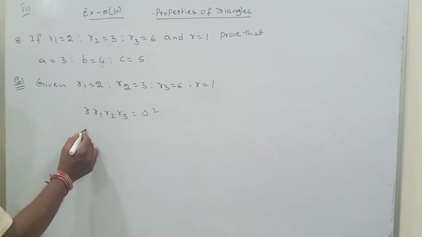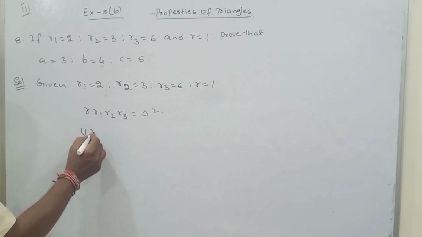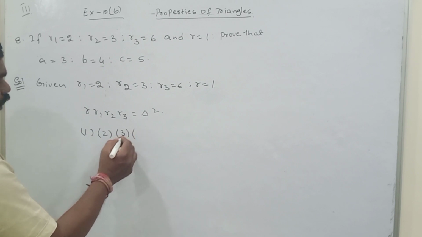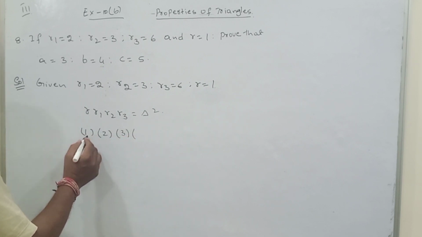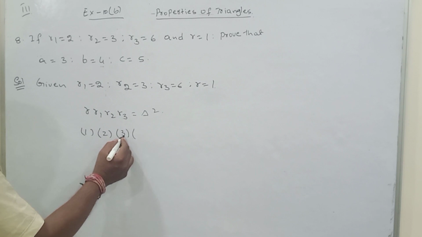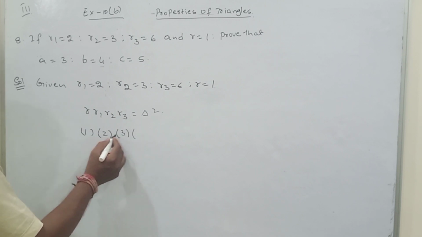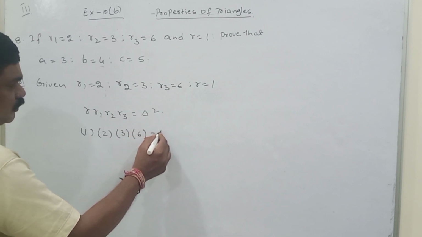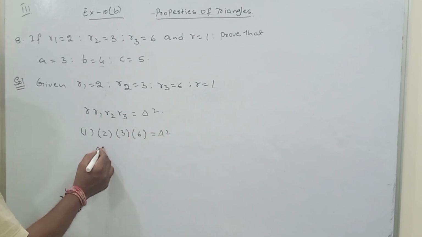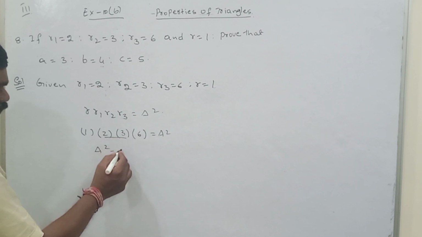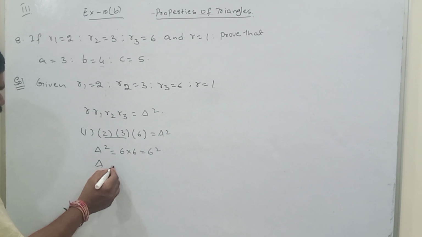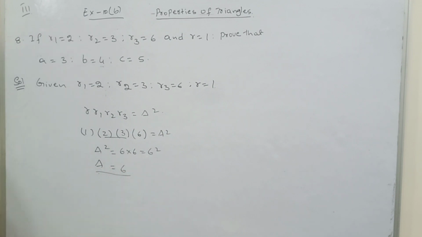So R1 into R2 into R3, 2 into 3 into 6, is equal to delta square. So delta square is equal to 6 into 6, is equal to 6 square. Delta is equal to what? 6. Delta is equal to 6.